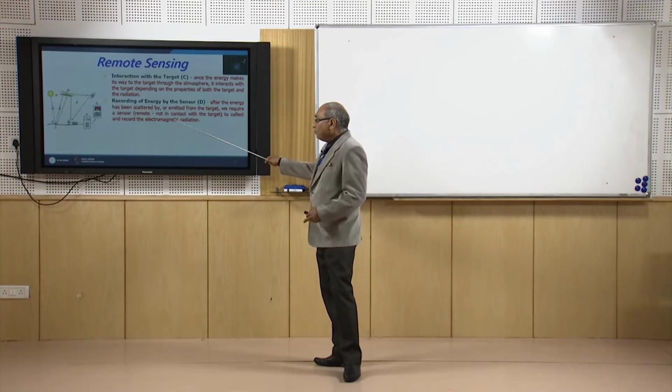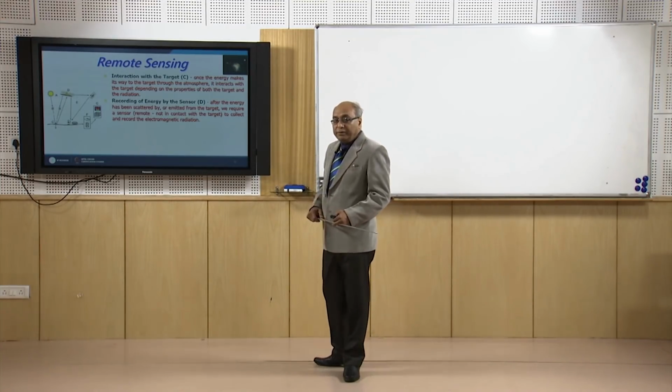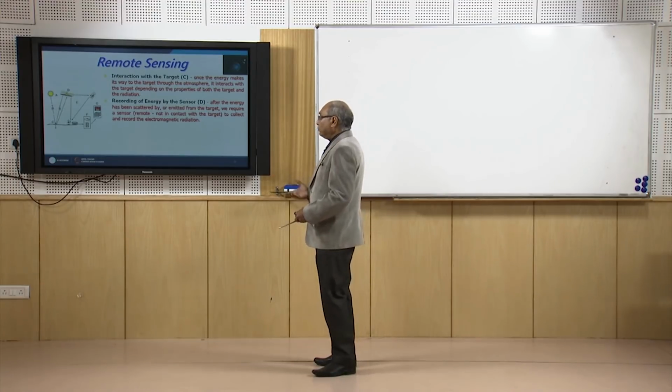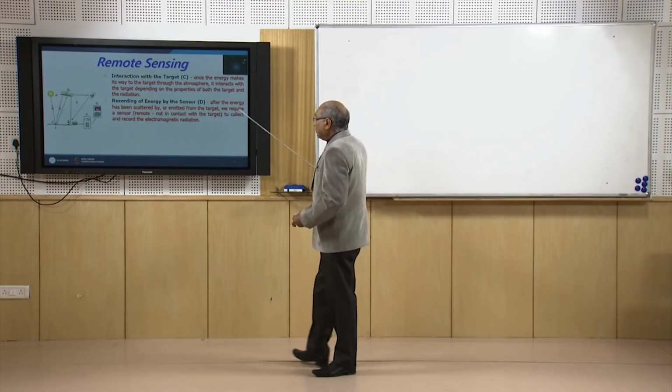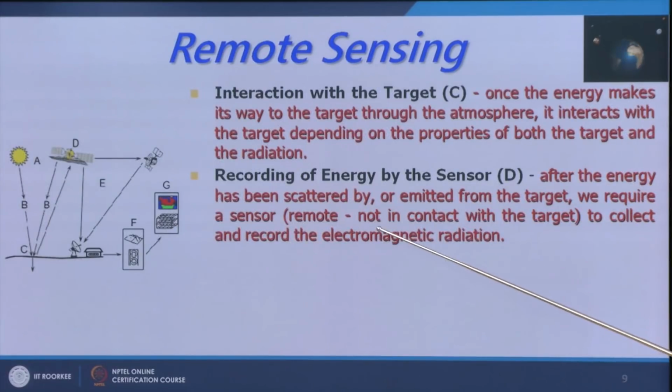There might be some absorption, and different types of scattering, which we will also see later. This requires a sensor, remote and not in contact with the target, to collect and record the electromagnetic radiation.